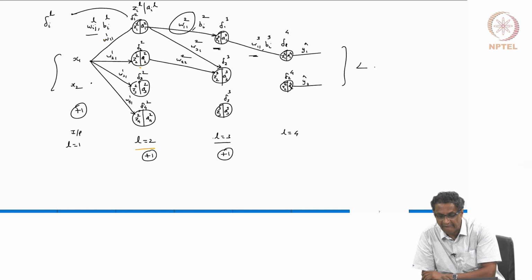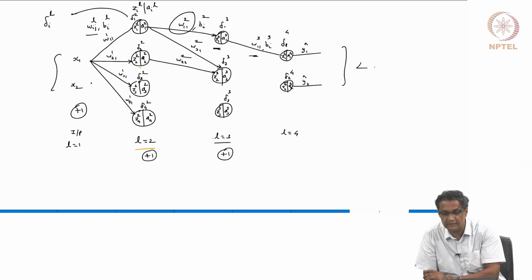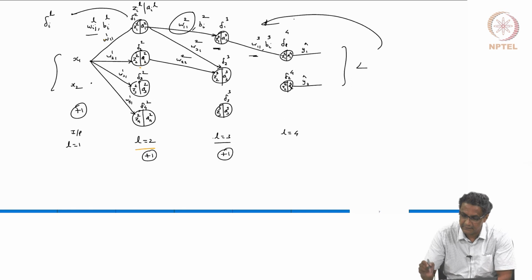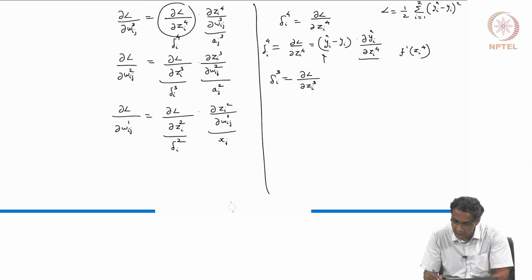One way to write it again, not the most unique way, is to write this as dou L by dou ai3 into dou ai3 by dou zi3. I'll write it in that form.